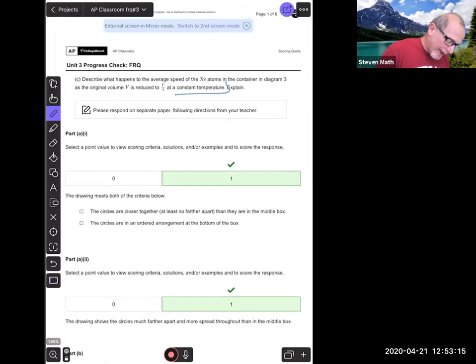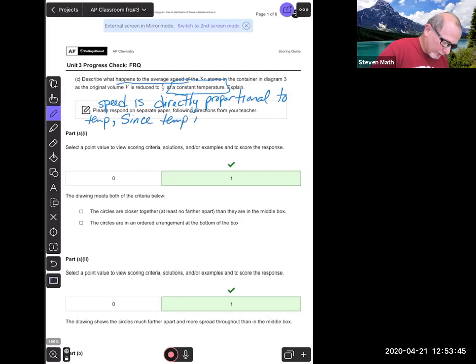This says, at a constant temperature, what happens to the speed? So in this case, speed is directly proportional to temp, since temp is constant.